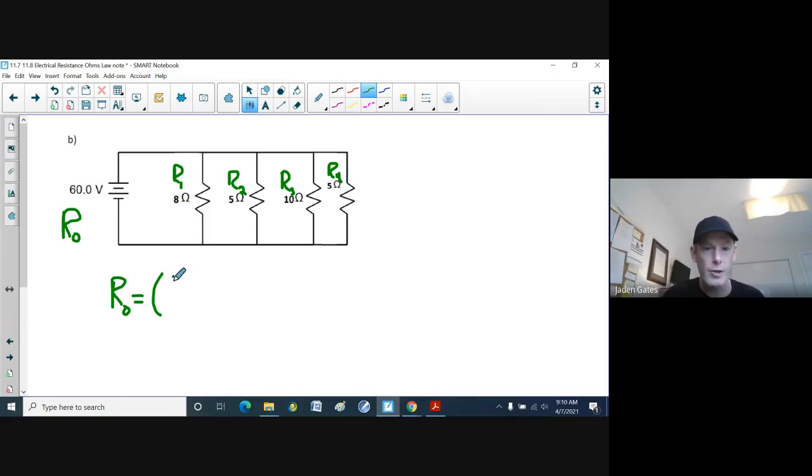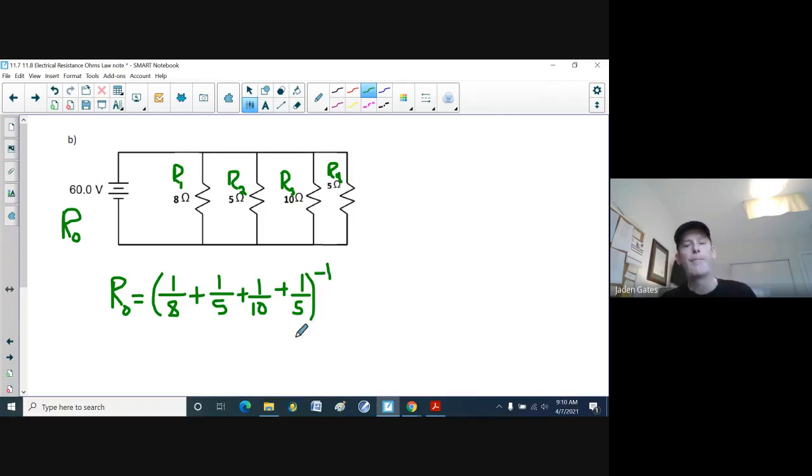I got R1 here, so I'm going to have 1 over R1, or 1 over 8. Plus, R2 is 5, so I'm going to have 1 over 5. Plus 1 over 10. And then our fourth load, which has also 5, so we have 1 over 5. Now, after I add all these up, again, the last thing I'm going to do is do the inverse.